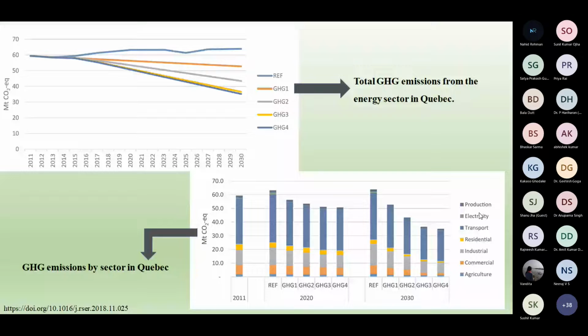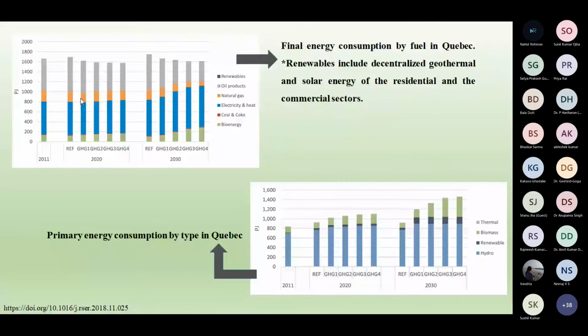So GHG 1, 2, 3, 4, they are being categorized like this in different sectors. It is shown over here, you can understand, like production, electricity, residential, industrial, and so on. So the final energy consumptions by fuel in Cuba, and this one primary energy consumptions by type, which type: thermal, biomass, renewable, or hydro.